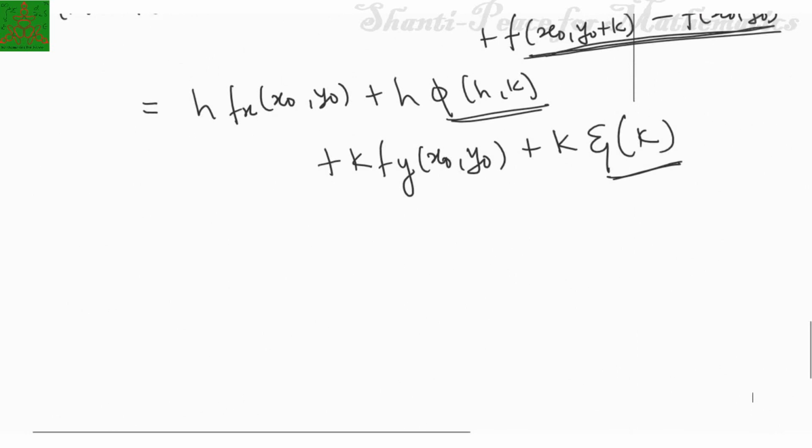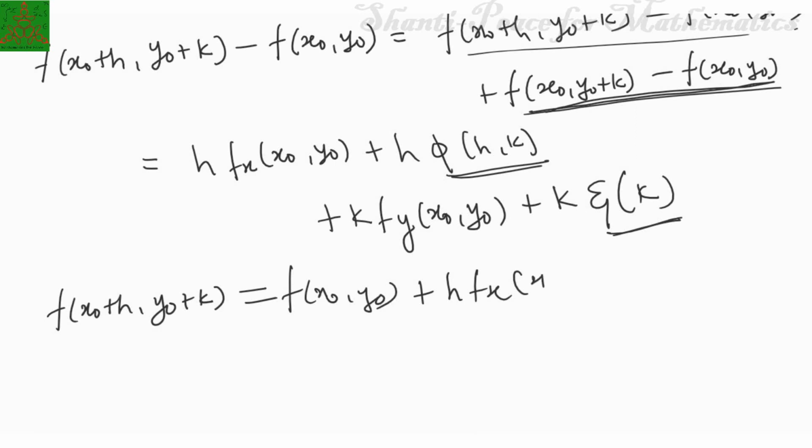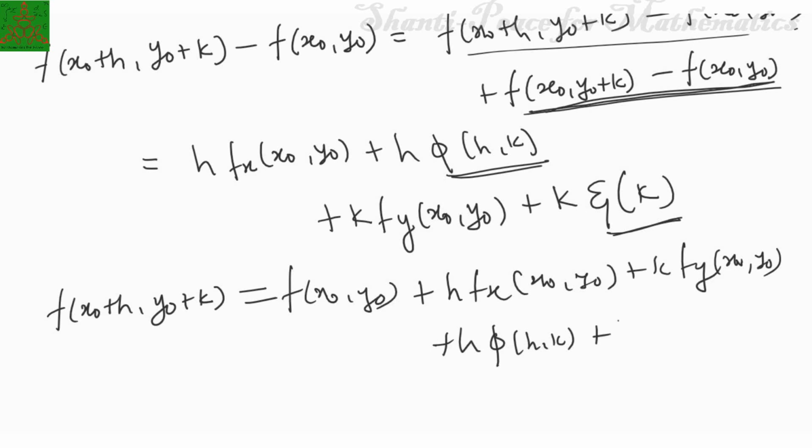So finally what we got is f(x0+h, y0+k) - f(x0, y0), if I take it on the other side, equals h into fx at (x0, y0) plus k into fy at (x0, y0) plus h into phi of (h,k) plus k into xi of k, where phi and xi tend to 0 as (h,k) tends to 0.